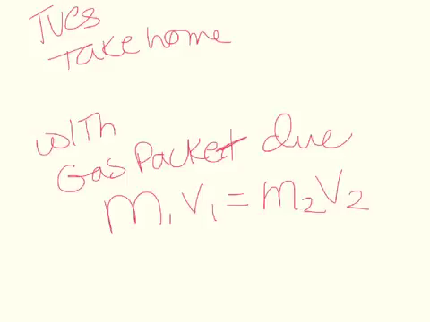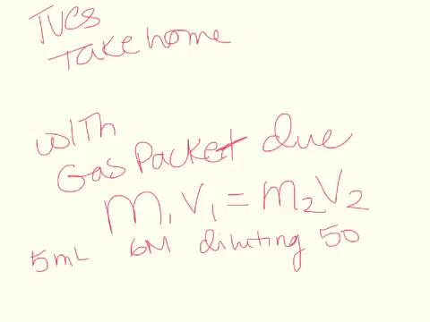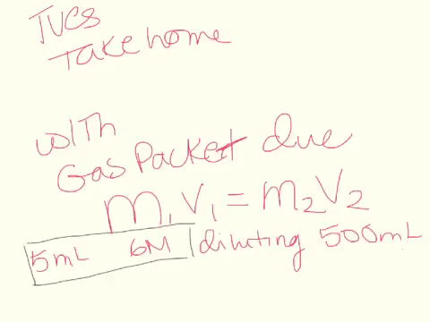So as long as you keep those molarities and volumes together that go together, if I'm taking 5 milliliters of a 6 molar solution and I am diluting to, let's say, 500 milliliters, and I want to know the new molarity of it, as long as I keep these things together, because that's the same solution, and I put that in for my V2, I can solve for M2. So it's very similar to calculating the molarity when we're doing titration calculations.